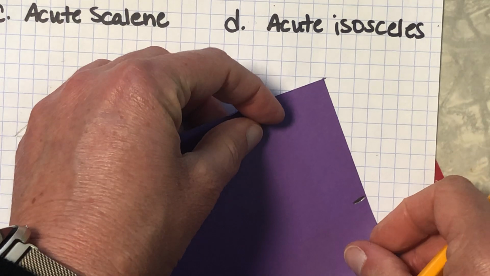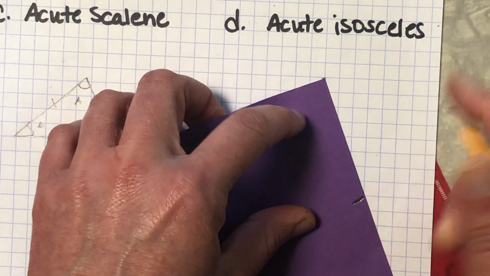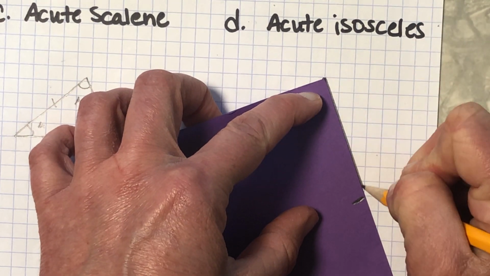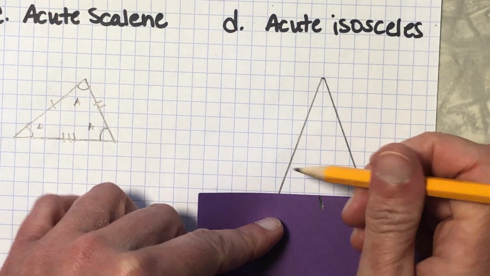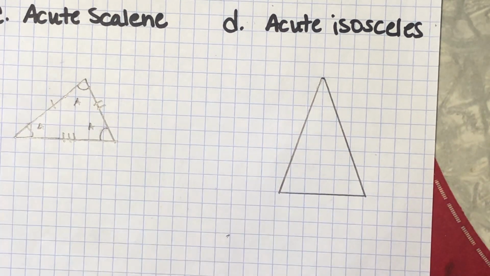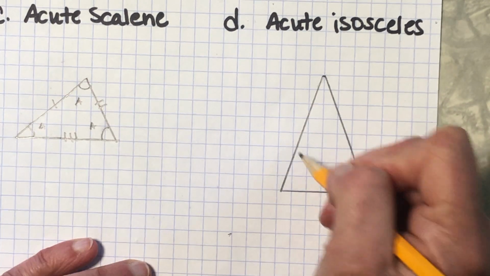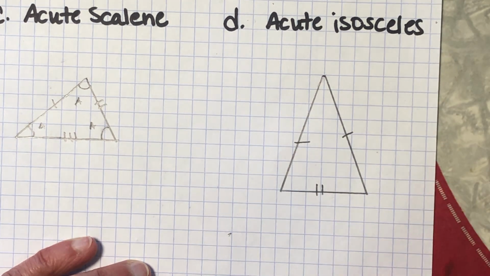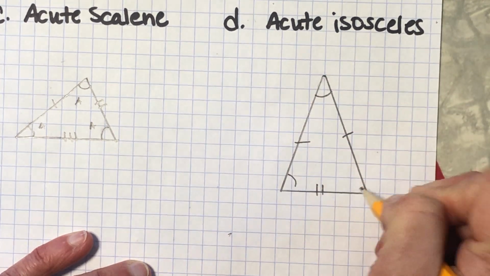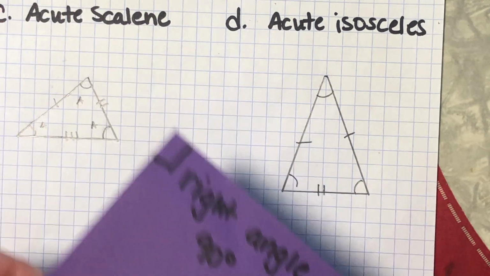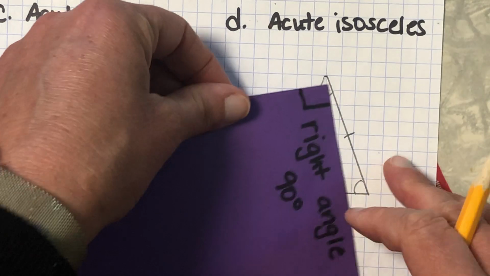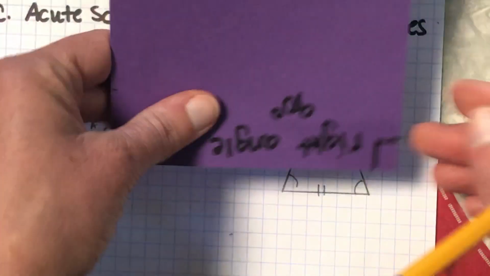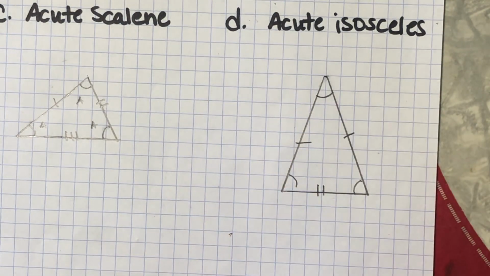Okay, and I'm going to draw this side, the same, and I'm going to connect them. These 2 sides are the same, and this side is different, and all of my angles are definitely less than 90 degrees. I can check them if I want to. Okay, my acute isosceles triangle.